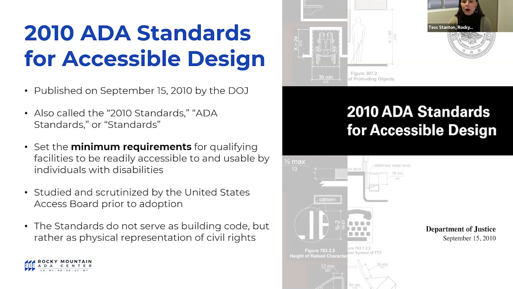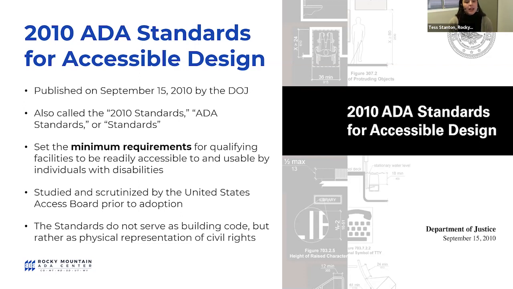It's published by the Department of Justice and it was published on September 15th, 2010. These standards are also commonly called the 2010 standards or just the ADA standards or just the standards. So know if you hear any of those terms, they're all referring to the 2010 ADA Standards for Accessible Design.